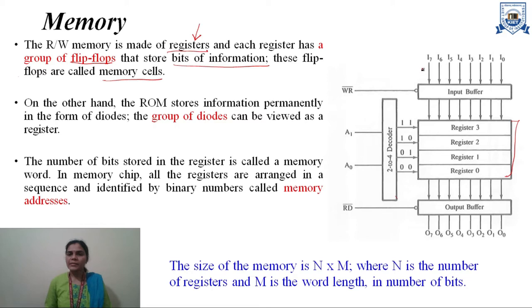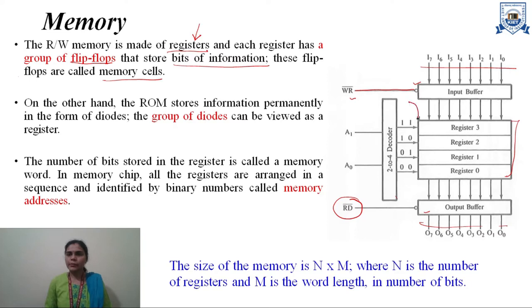Here you can see that a read-writable memory is made of registers, and it has some input lines and some output lines. We have an input buffer at the input lines, and this input buffer can be enabled by the write signal, the same as the output buffer can be enabled by the read signal.